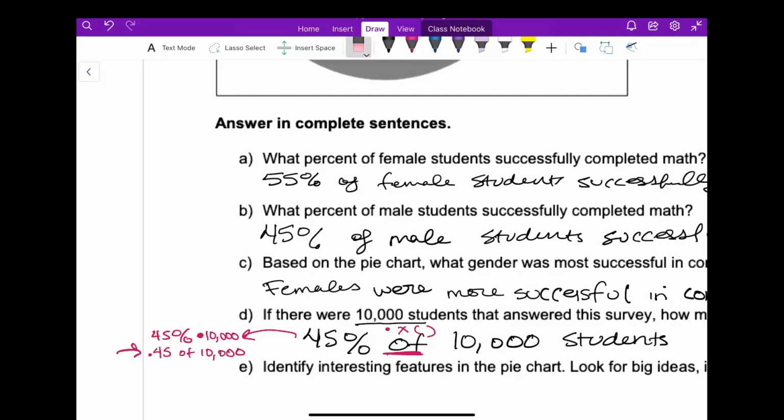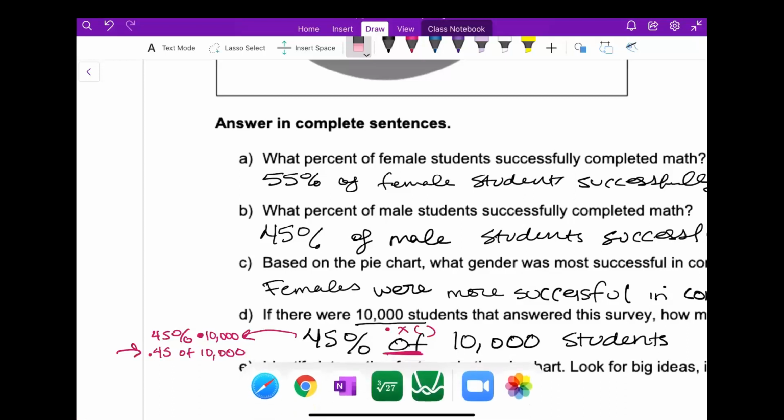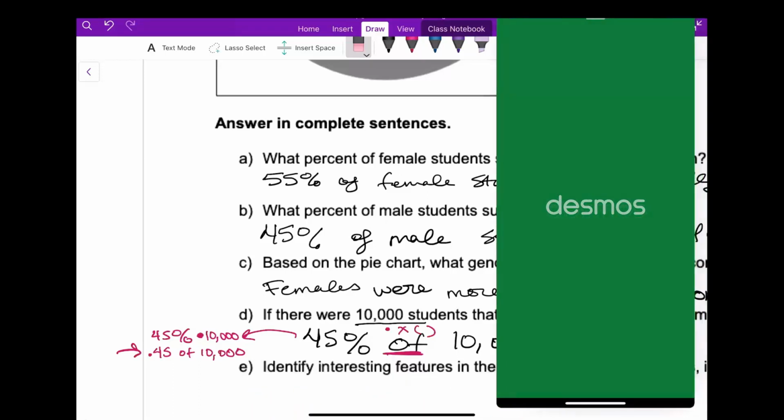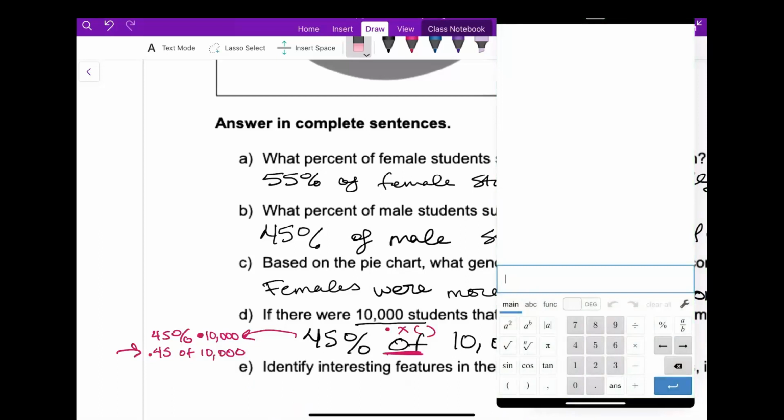So we're going to take our calculator, and I love Desmos. I'm going to give you a short tour of Desmos later. So I'm going to take 0.45, and then I'm going to multiply, because that's what I said we were going to do, 10,000. Okay, so we're going to have 4,500.